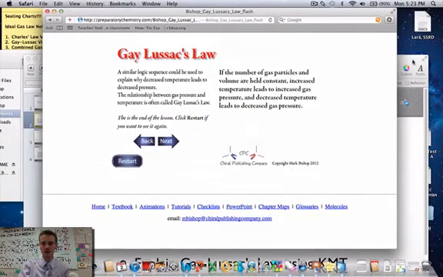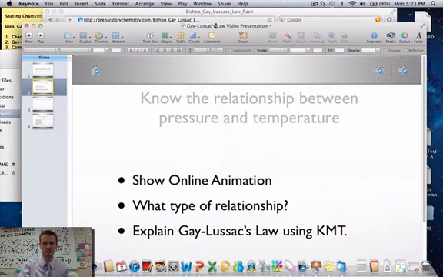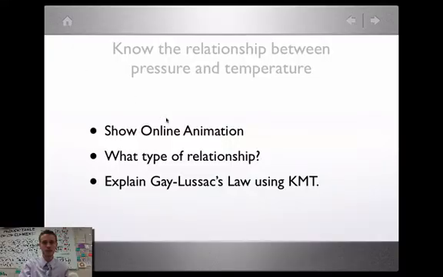Let me get back here so we can see some practice problems. For the type of relationship, this is also going to be a direct relationship, just like Charles' law. Like I told you, direct ends with a T, and Gay-Lussac's law has temperature, varying temperature.